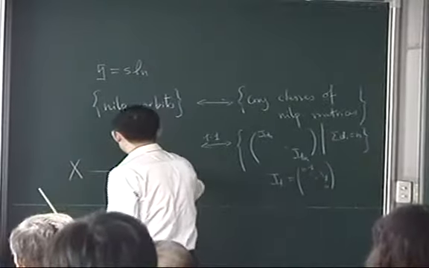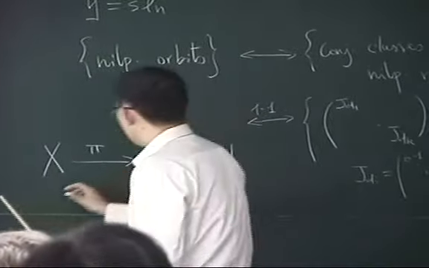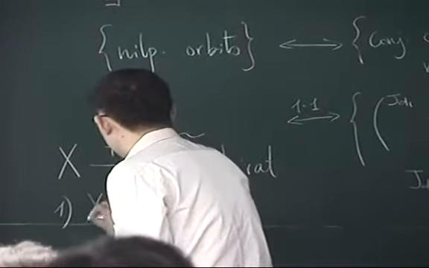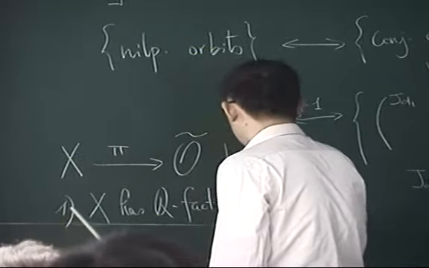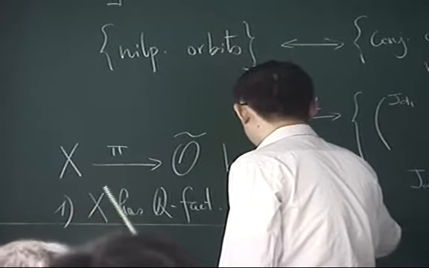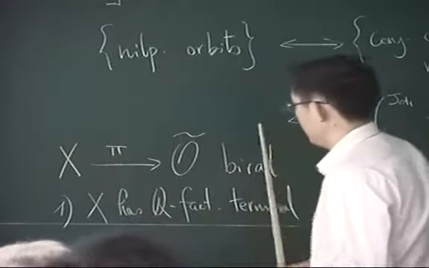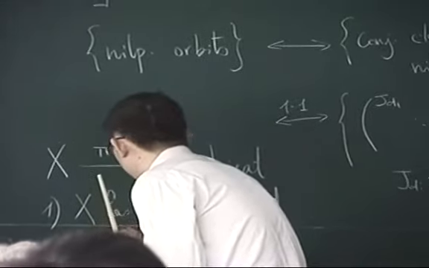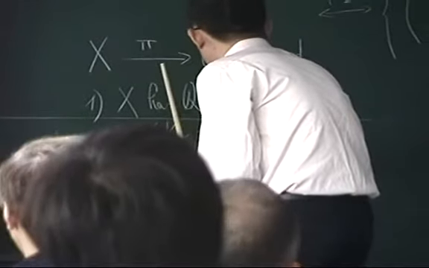It's a birational map such that we have two conditions. First of all, X has Q-factorial terminal singularities. For a crepant resolution, this is just smooth, so it always satisfies this condition. And secondly, π is crepant, meaning π*K_X is just K_Õ, is just trivial.